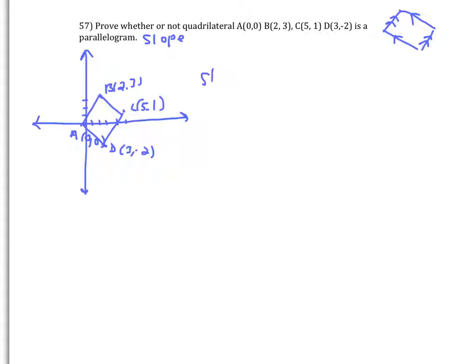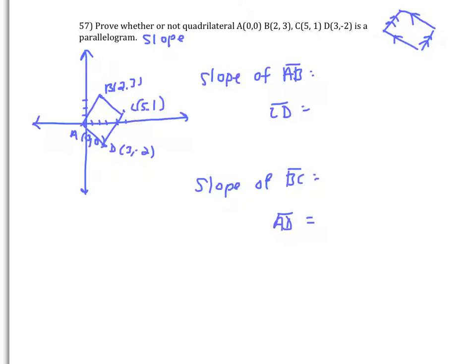Okay, so we want to take a look at the slopes of opposite sides. So we want to take a look at the slope of AB and compare it to the slope of line segment CD. We want to look at the slope of BC. We want to compare it to the slope of line segment AD.